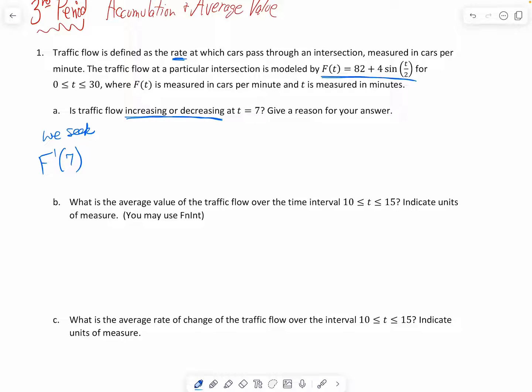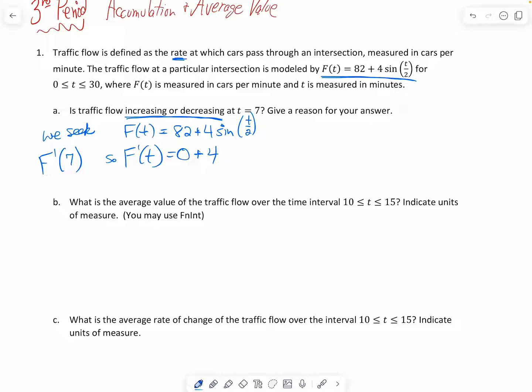So I'll write the function here. F of t is 82 plus 4 sine of t over 2. So big F prime of t is going to be, this is the sum rule, and then double check that the derivative of 82 is 0, and then the derivative of 4 sine of t over 2, that 4 will be a constant.